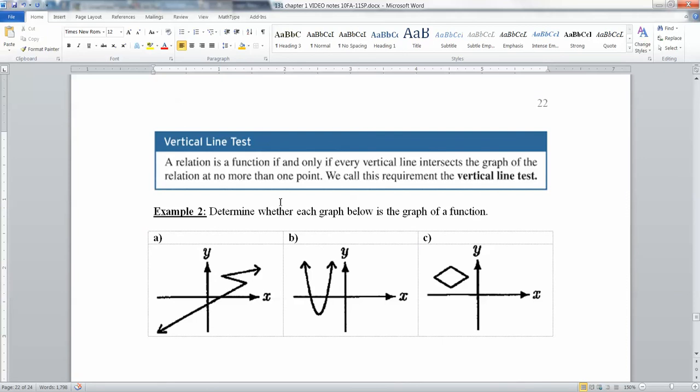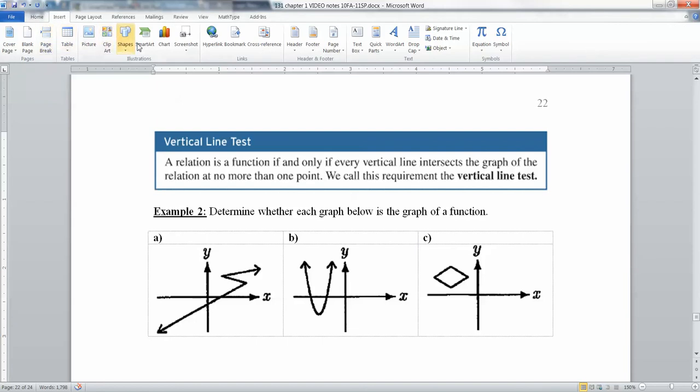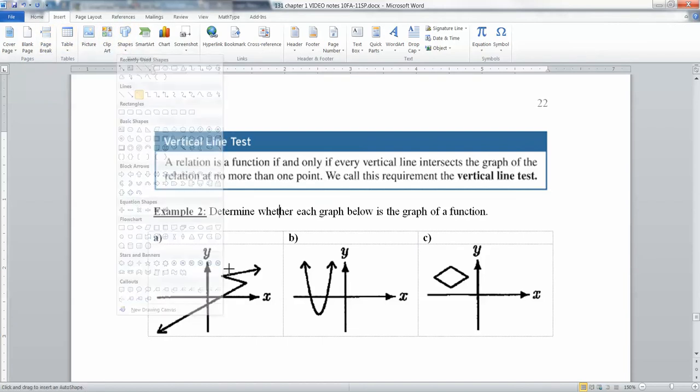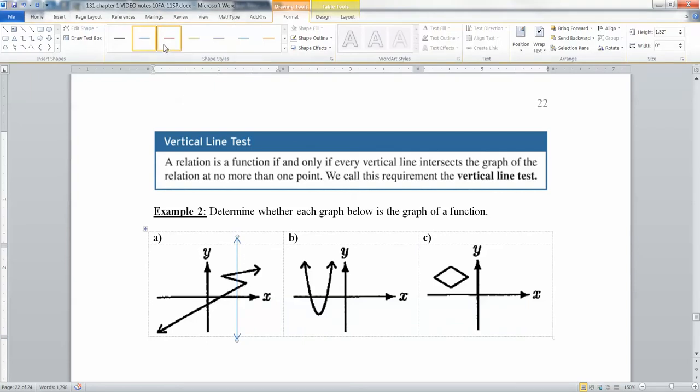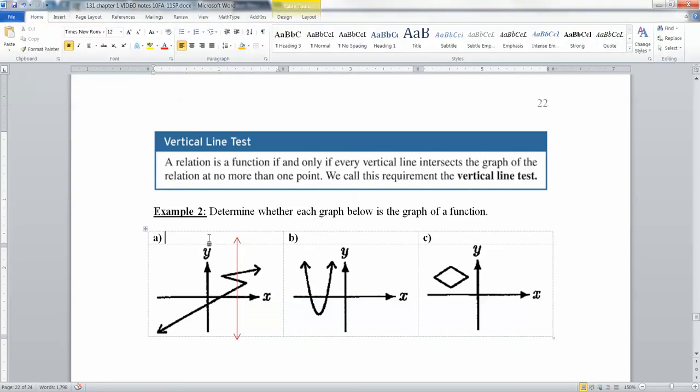So how can you tell something's a function? Well, if you look at the graph, if a vertical line would hit it more than once, it's not a function. So let's look here. At this particular one, the first one, hopefully you can all spot, that's not a function. Because if I can make this line hit it more than once, right, not a function.